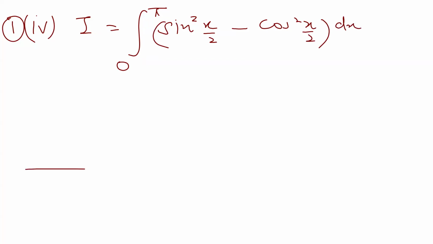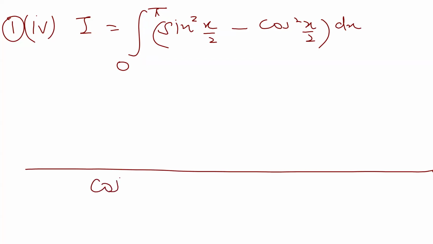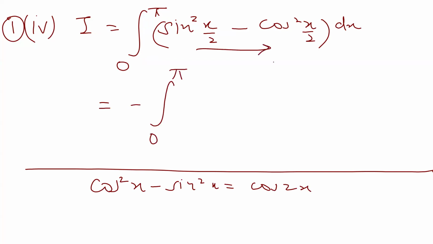Now cos square x minus sine square x is equal to cos 2x, the half angle formula. So first I'm going to reverse this by taking a minus sign common, which is sent outside.